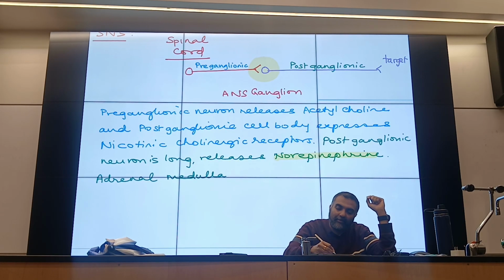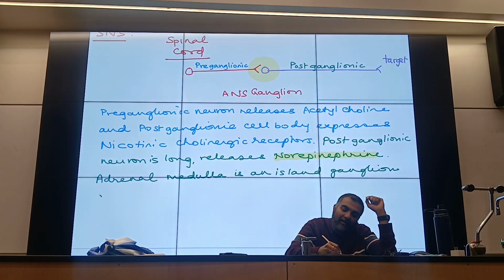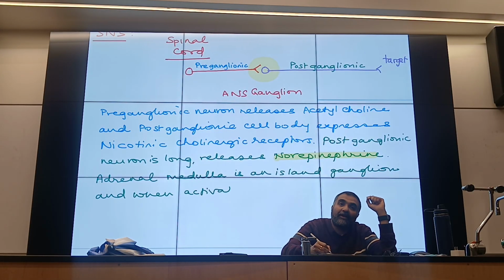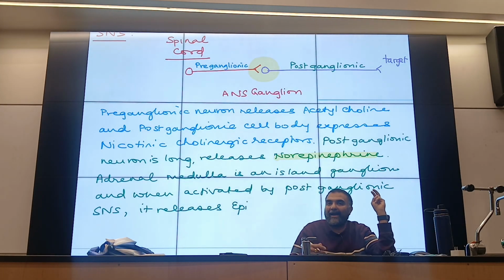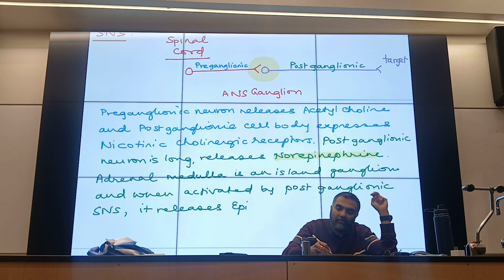So the adrenal medulla is an island ganglion, and when activated by postganglionic sympathetic neurons, it releases epinephrine or adrenaline.